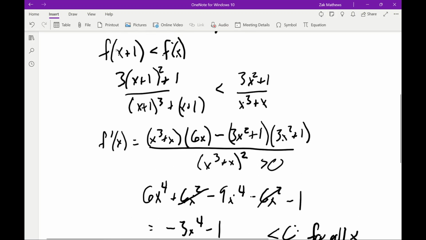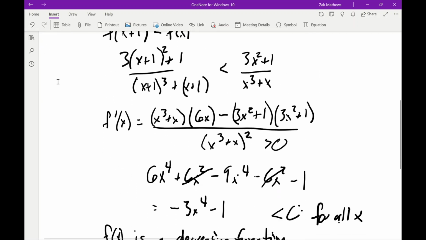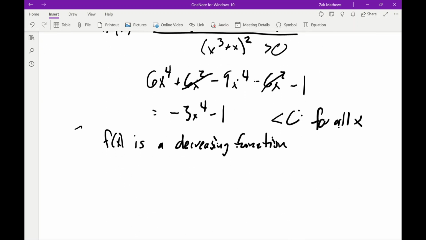That means our sequence, going back to our sequence, this thing right here must be positive, it must be continuous, and it must be decreasing because the function is too. So we've met the 3 conditions to be able to go on to say that we can apply the integral test.